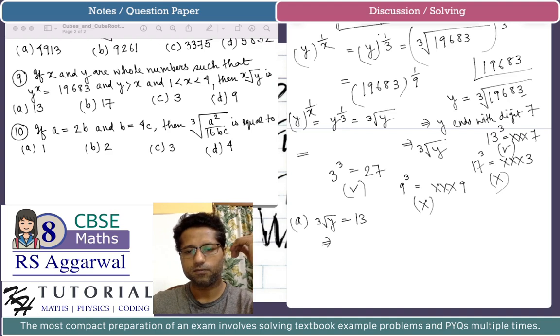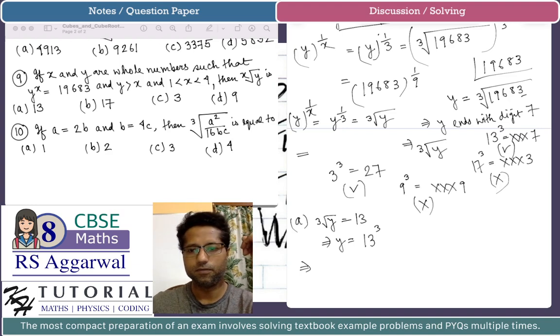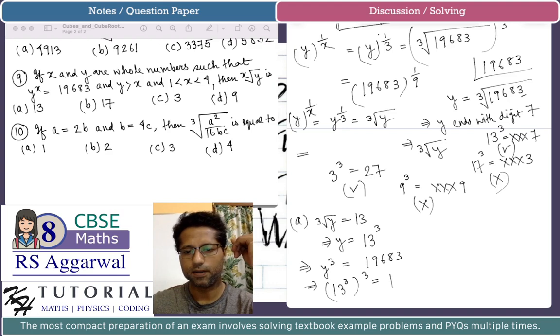This implies y is equal to 13 cubed, and we know that y cubed is equal to 19683. So this will mean that 13 cubed, whatever this number is, that whole cubed is equal to 19683.